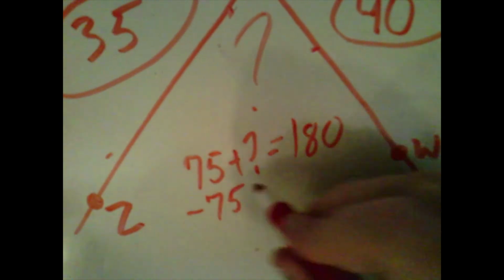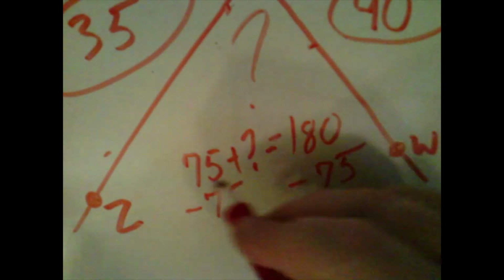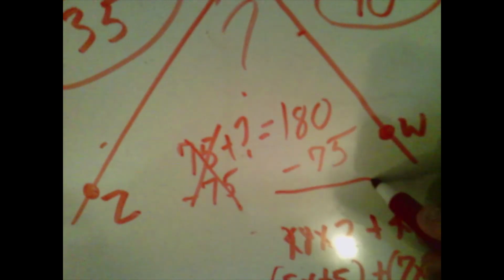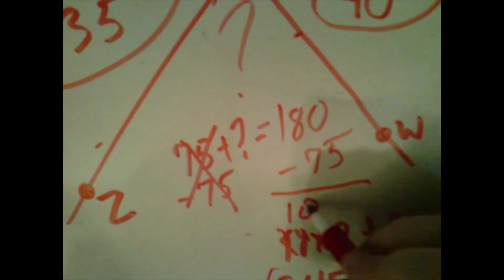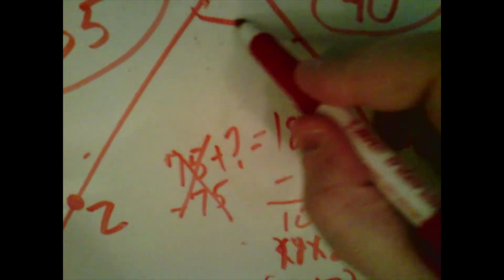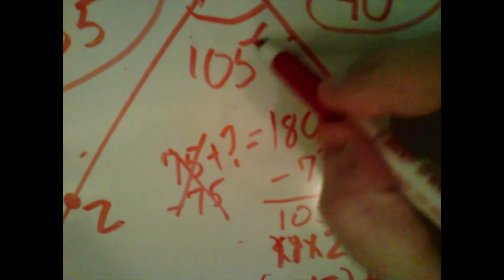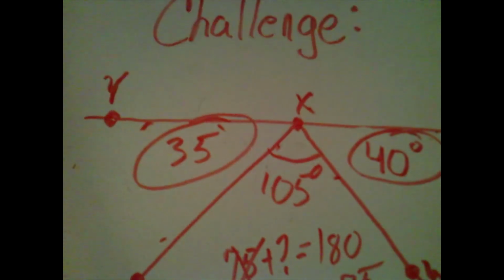Subtract 75 from both sides. That goes away. What are we left with? 105 degrees. And that is what this angle here must be, 105 degrees. Okay.